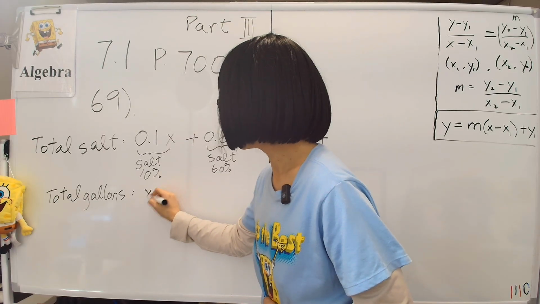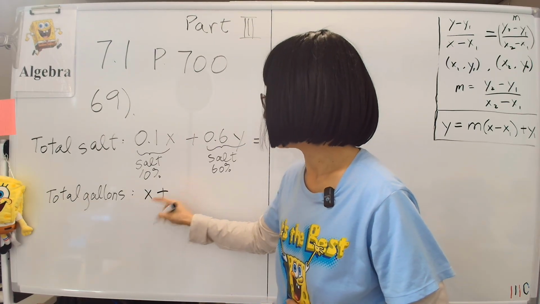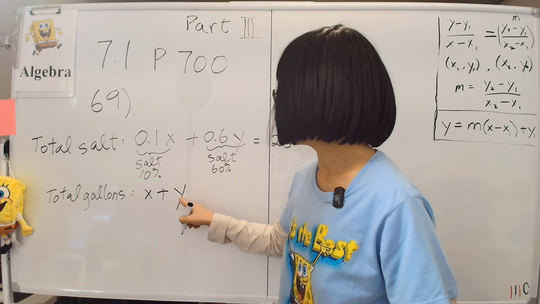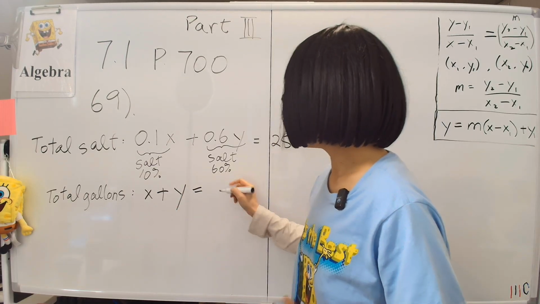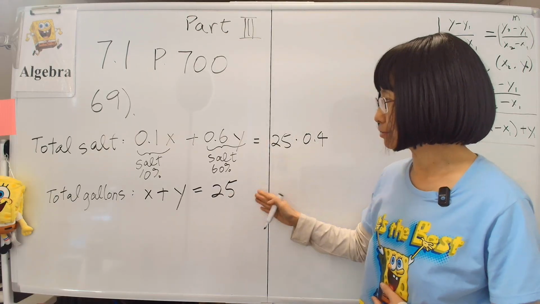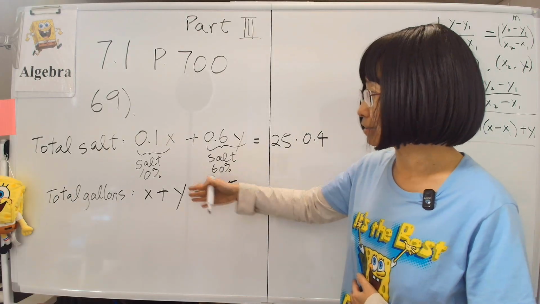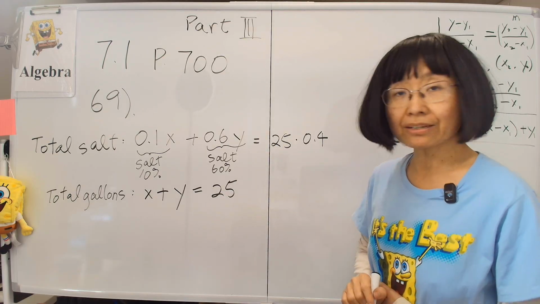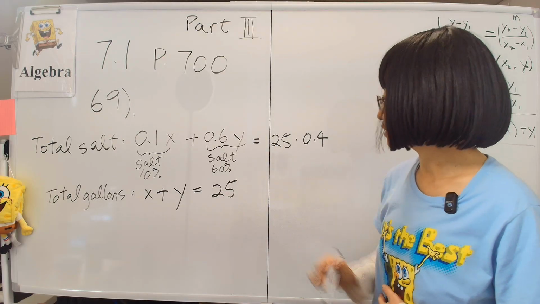The scientist originally had X gallons, and then he or she added Y gallons to it, right? So the total number of gallons is 25. So now you have two separate equations that are not the same thing, and that should give you the right answer of what's going on here.